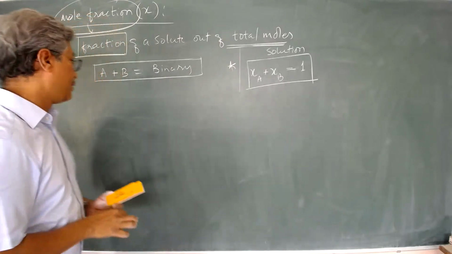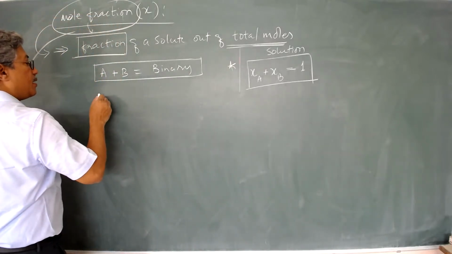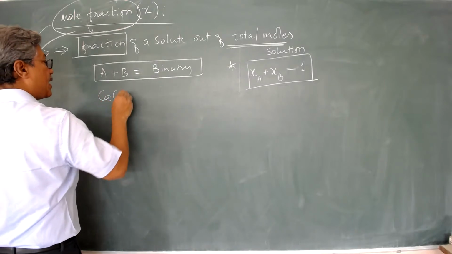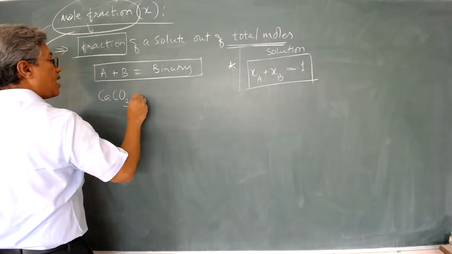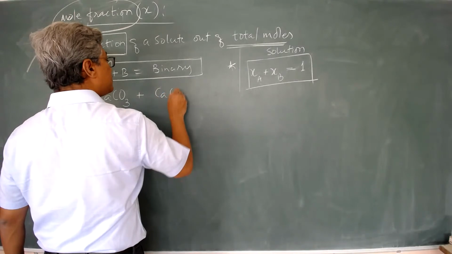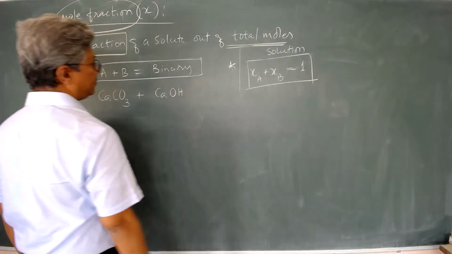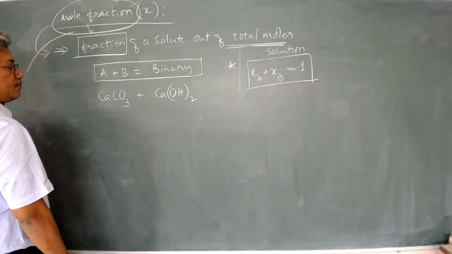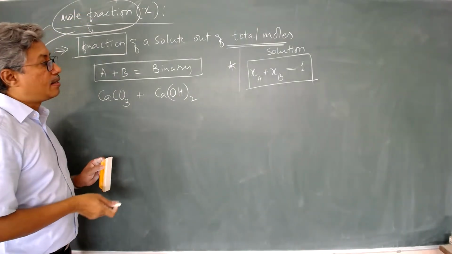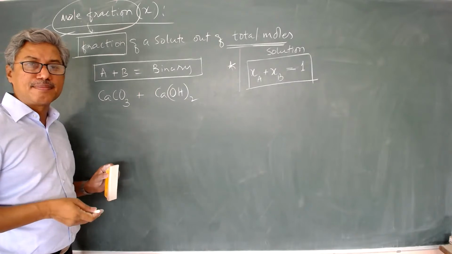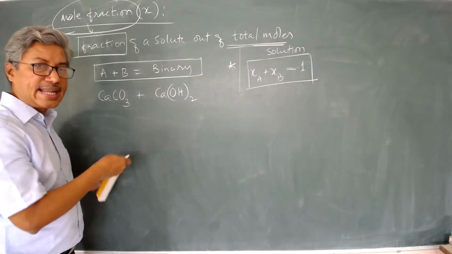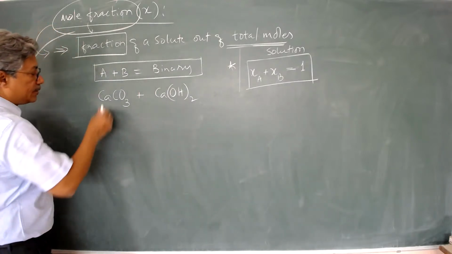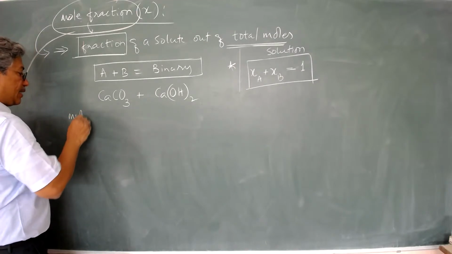Let us take one example. Calcium carbonate and calcium hydroxide are mixed. To make you understand the concept in a simple manner, I take these required weights. See here, the molecular weights are like this.